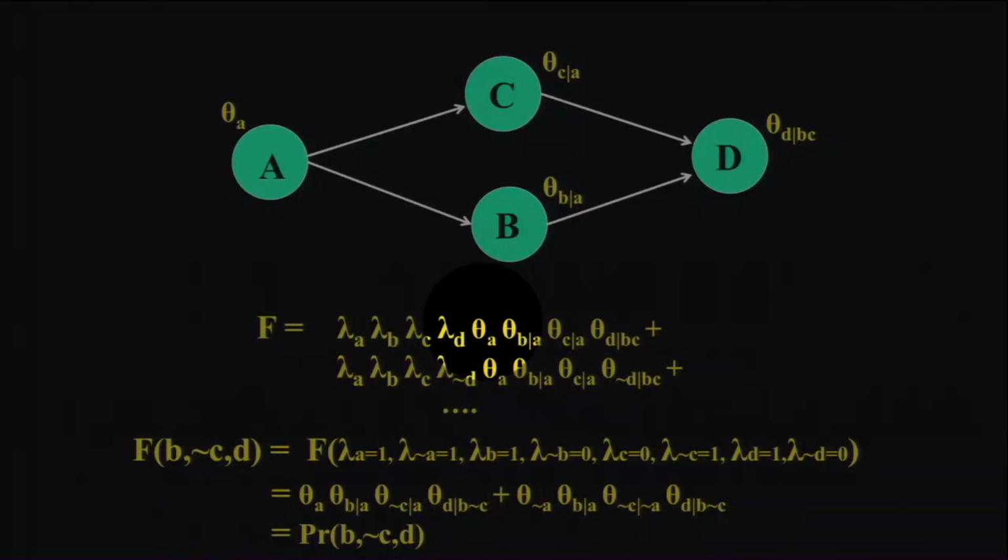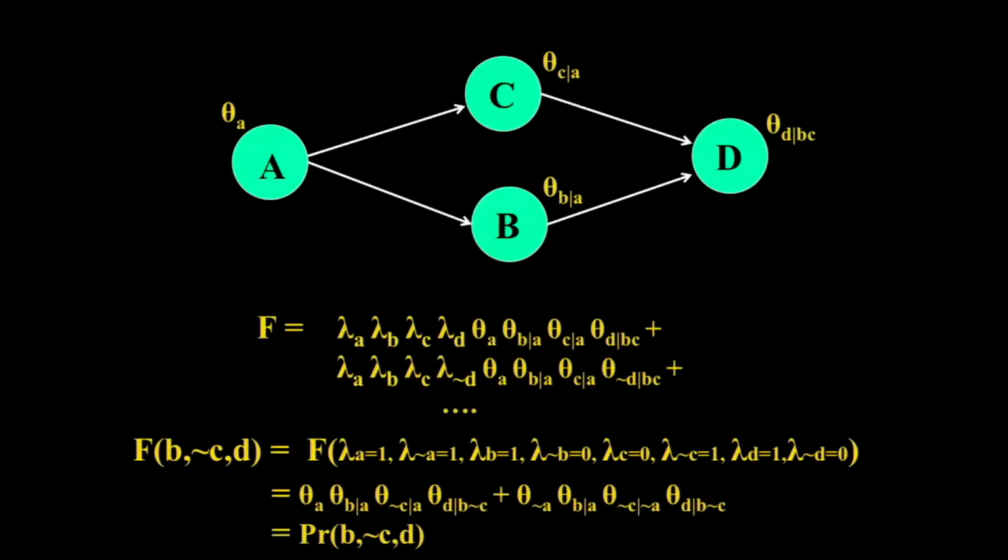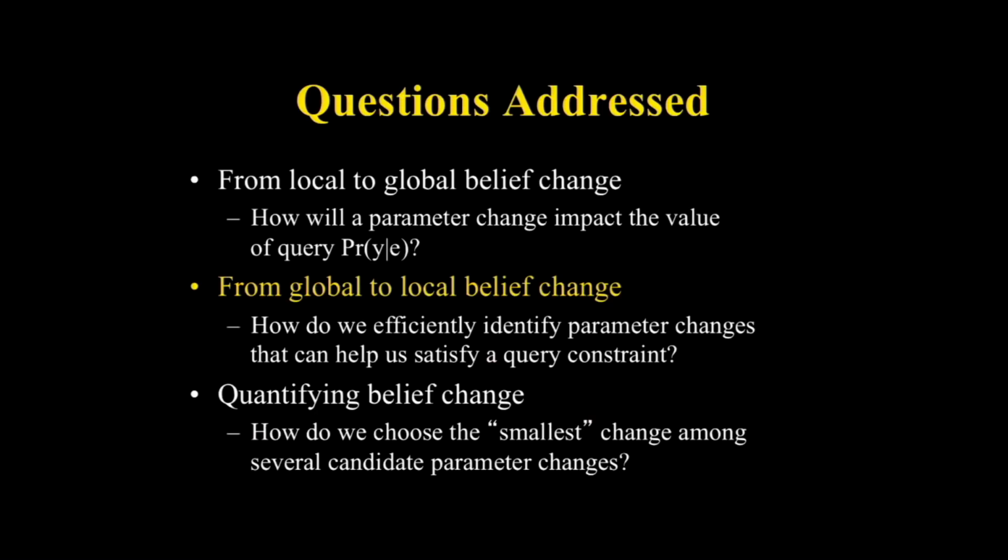So this is a representation of the distribution. And once I have this, I don't need the probabilistic graphical model. Again, this was done here for Bayesian networks, but the same thing applies for other types of graphical models. Okay. Let's now get to the 3 questions that we posed earlier and see how we're going to do these.